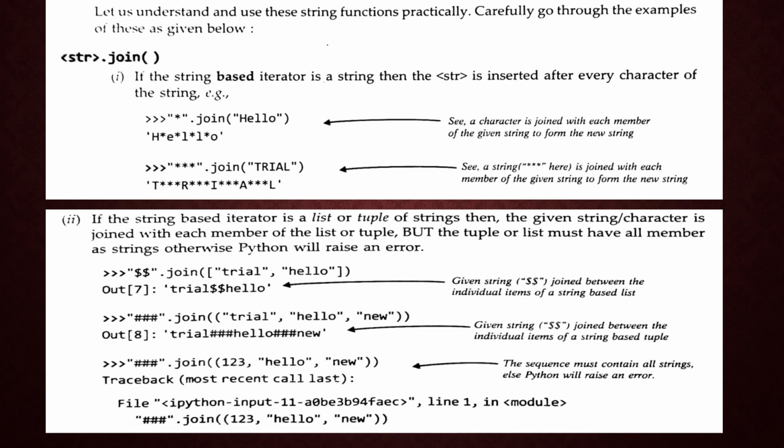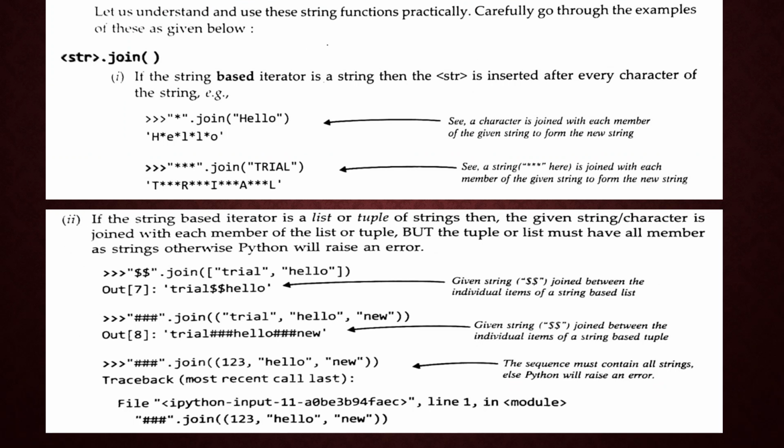str.join: if the string based iterator works just like looping, that means each loop item is a string, then the str is inserted after every character of the string. So star should be inserted: star dot join with hello.